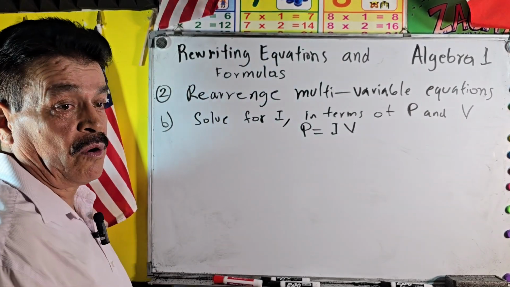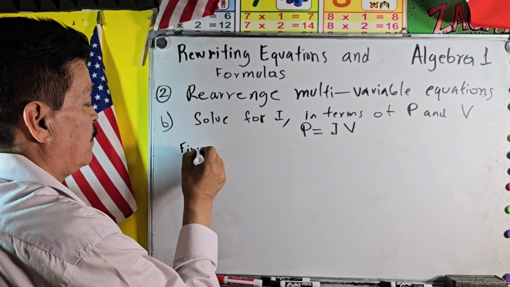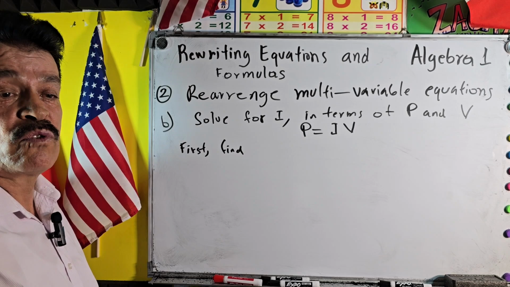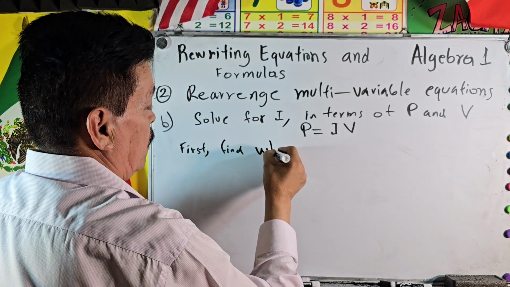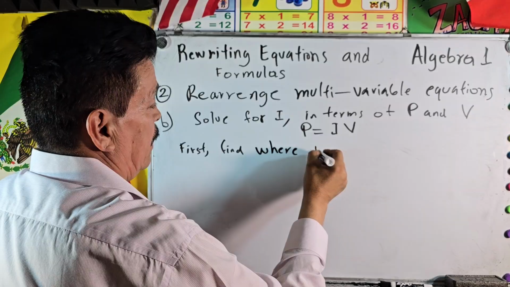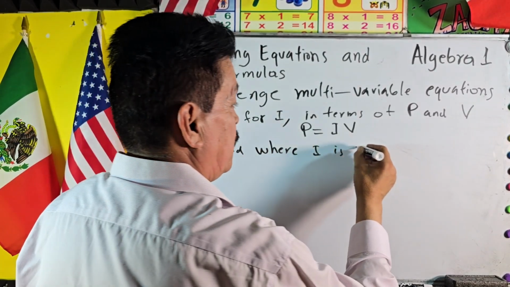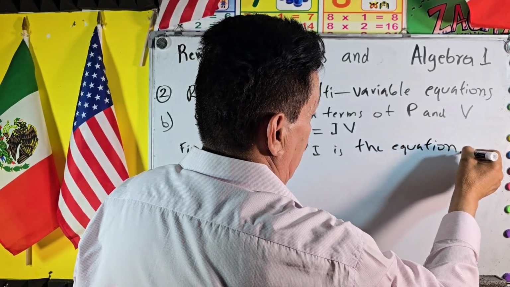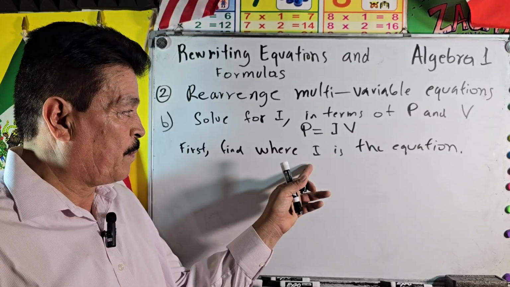So first of all, the first step is to find where I is in the equation. I have to write it for you.